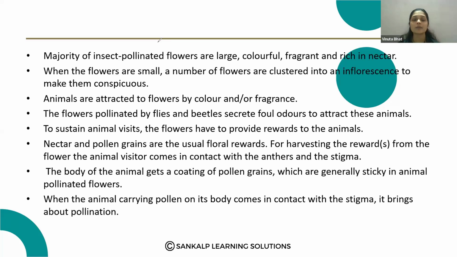But here the majority of insect pollinated plants are colorful. So they have colorful petals, fragrance, and nectar. That is the main characteristic of the insect pollinated plants. They have to attract insects, by nectar or fragrance. So they have these types of characteristics.